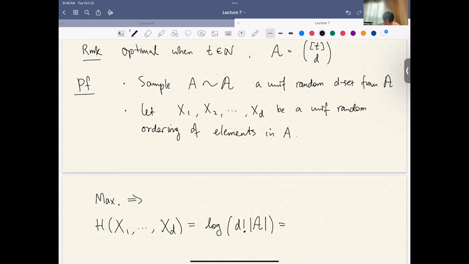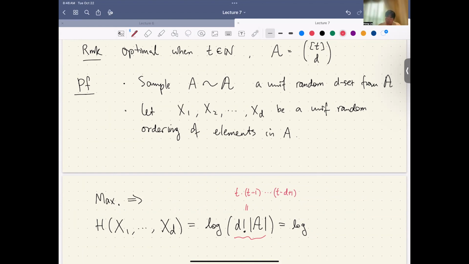This just writes to log, wait, let me do the calculation here. This equals d factorial times t choose d. The d factorial gets canceled out. So we just get t times t minus 1 times ... times t minus d plus 1, right? So we have log of this.